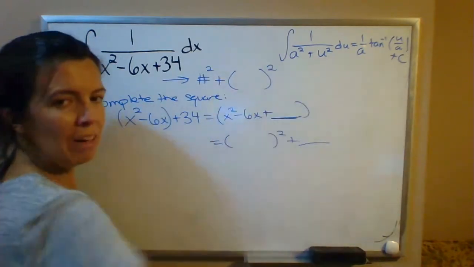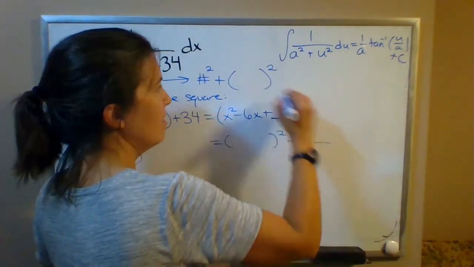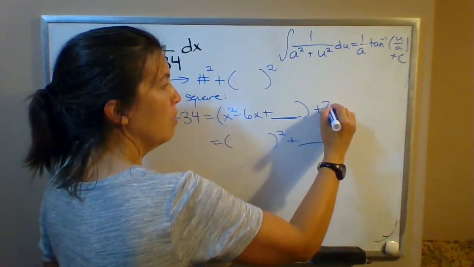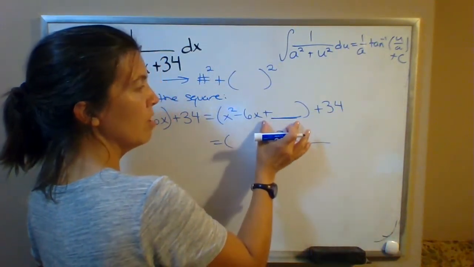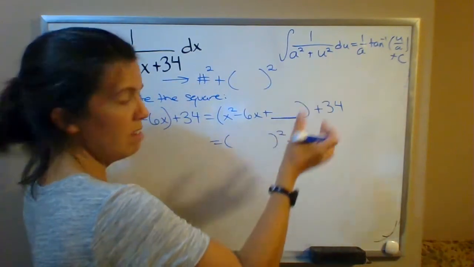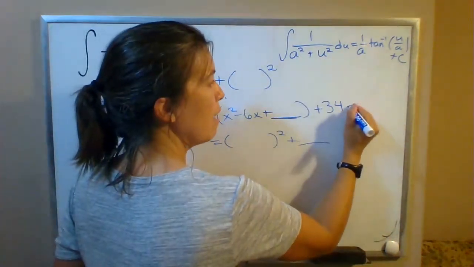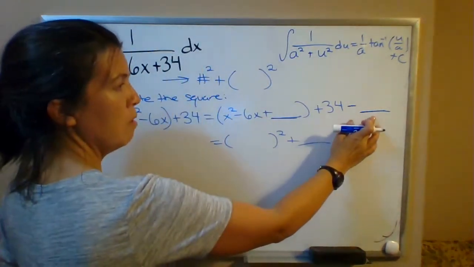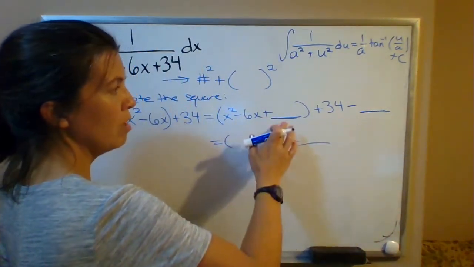But we can't just go adding whatever number we feel like to an expression and then saying this is the same as the original problem. It wouldn't be. So we need to balance it. If we're going to add, let's say 16 right here, then we would need to subtract 16 outside. So I'm going to put a minus blank right there to remind myself to balance whatever I do here.